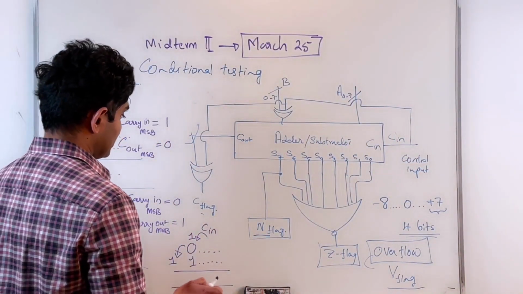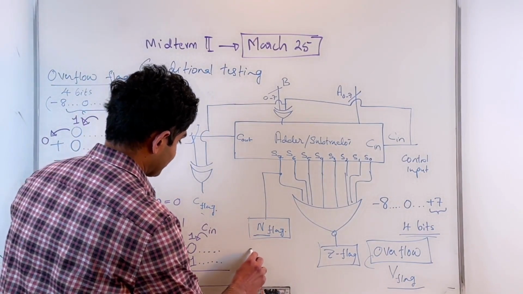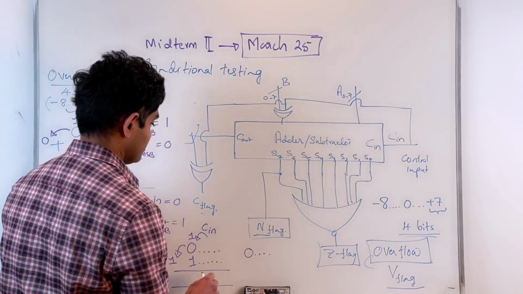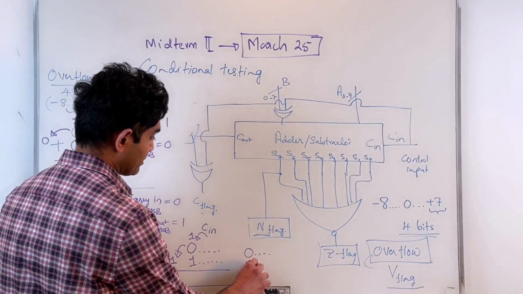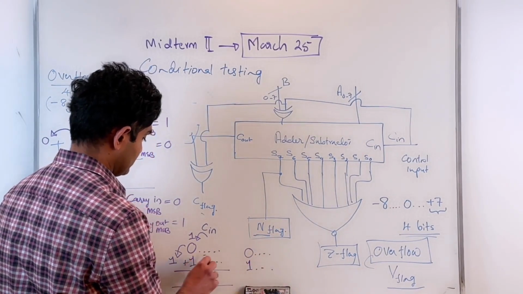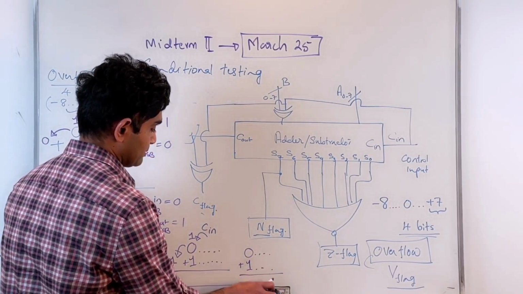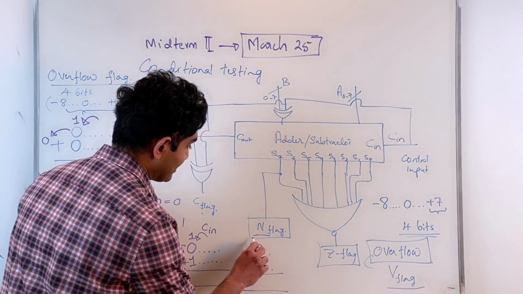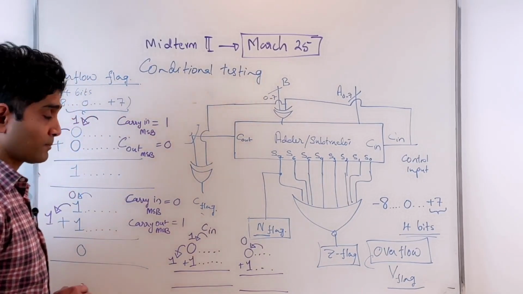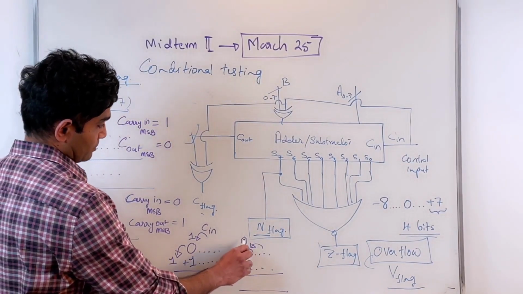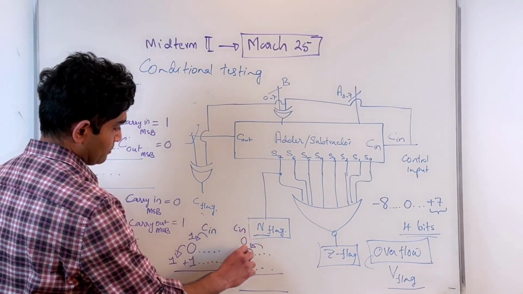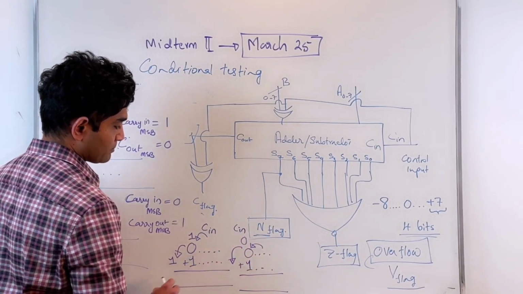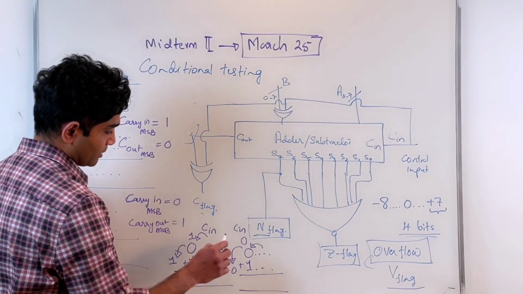Likewise, the other case is, again, I'm adding a positive number to a negative number. In this case, let's say my carry in is 0. So that's my C in. What's my C out? Also 0. Right?